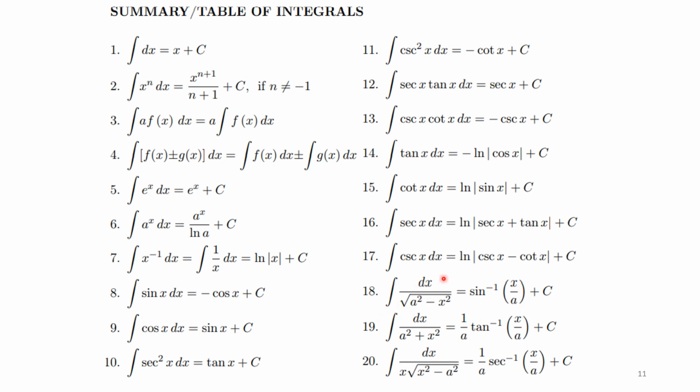If you remember, you also have the integral of dx all over the square root of 1 squared minus x squared, but a squared is a more general value. So a can be any positive constant. The integral of dx over a squared plus x squared equals 1 over a tangent inverse of x over a plus c, and the integral of dx all over x times the square root of x squared minus a squared is equal to 1 over a secant inverse of x over a plus c.